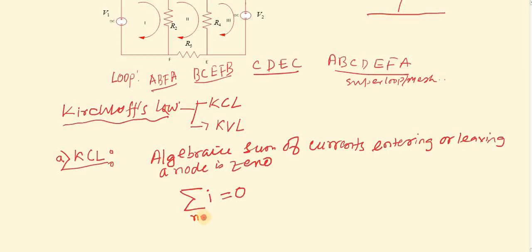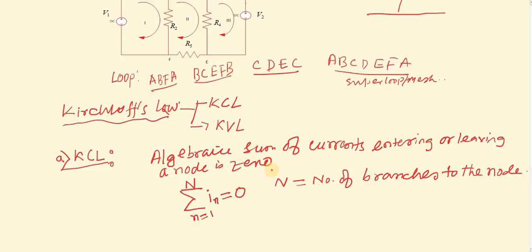Now put an n here, n is equal to 1 to N. This is the mathematical expression of the KCL law, where n is equal to the number of branches connected to a particular node.